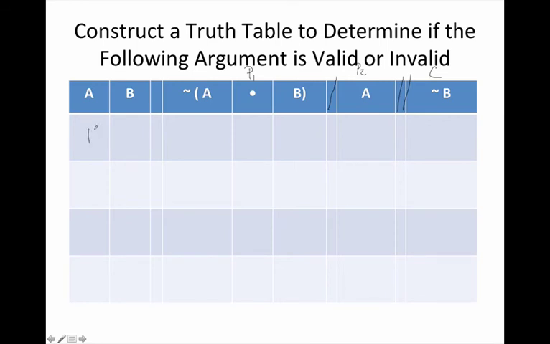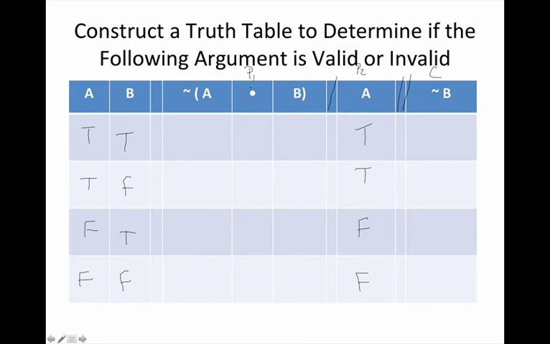So we have true, true, false, false, true, false, true, false in our reference columns. We are going to determine the values of each of our premises and our conclusion. The second premise will just take the same values as in the reference column for A, because there's no operator acting on it.